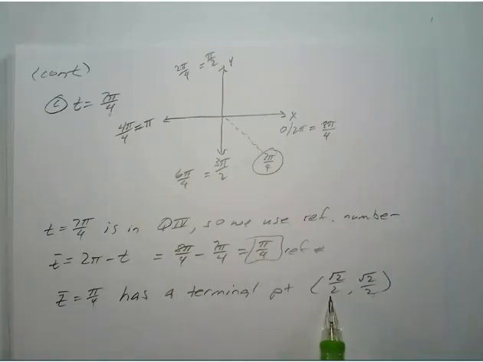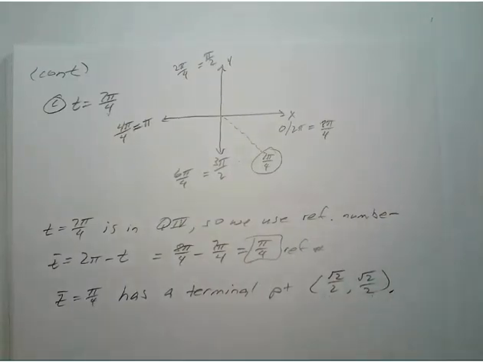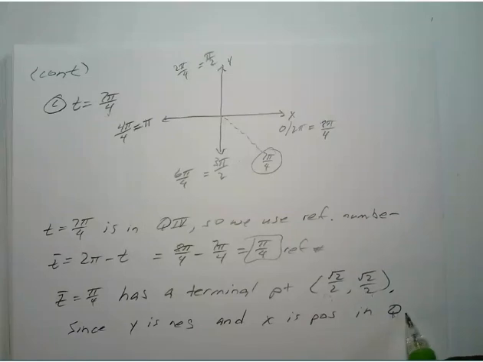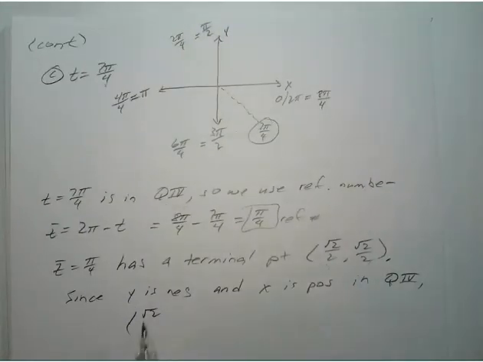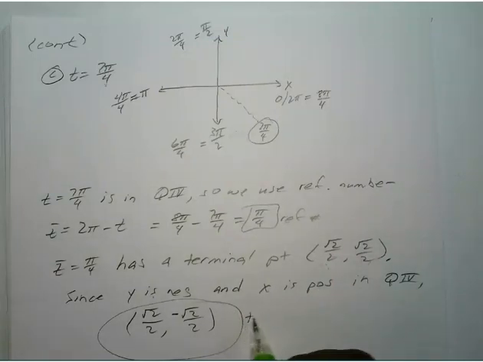Now all we have to do is say, okay, which one's positive and which one is negative. Since y is negative and x is positive in quadrant 4, that y is going to be negative. So we just make that one negative. And that's your terminal point.